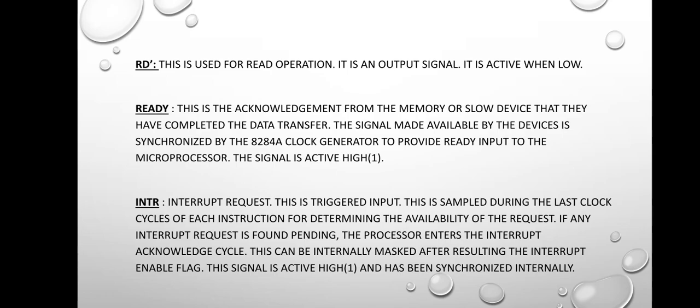This can be internally masked by resetting the interrupt enable flag. This signal is active high and is synchronized internally. Suppose you want to stop your program in the middle of the execution, then by using an interrupt request you can stop the execution of the program. This is the use of interrupt request.